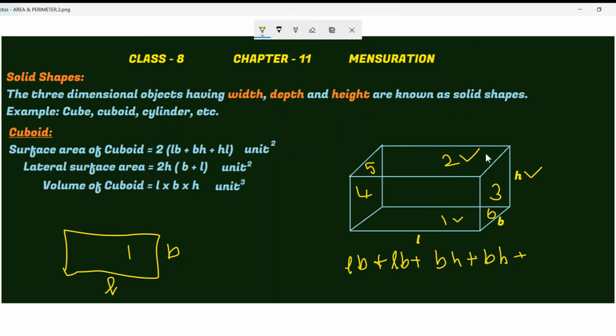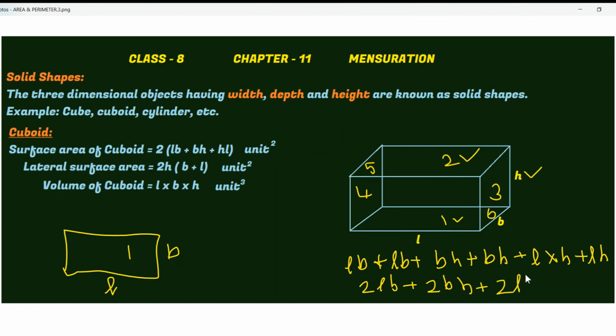And you can see then this side will be length into height plus length into height. So you can get 2 LB plus 2 BH plus 2 LH. So if you take 2 out as common, then you will get 2 into LB plus BH plus HL.